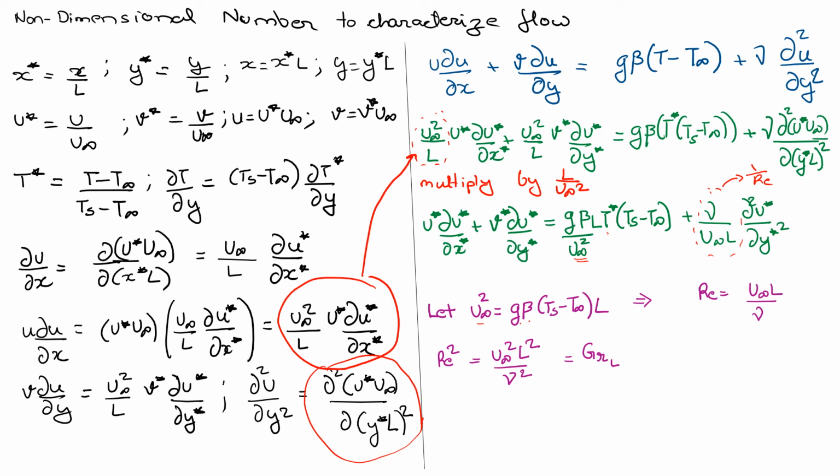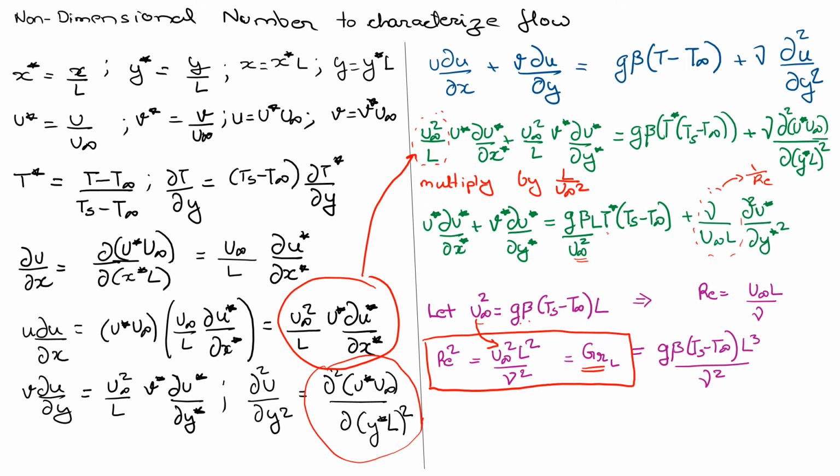Let's define a dimensionless group called GR, which is the Grashof number, and let's say it's equal to the square of Reynolds number. So substituting the definition of u infinity square here, we get our Grashof number equal to g times beta times (Ts minus T infinity) multiplied by the cube of length, divided by the viscosity square.